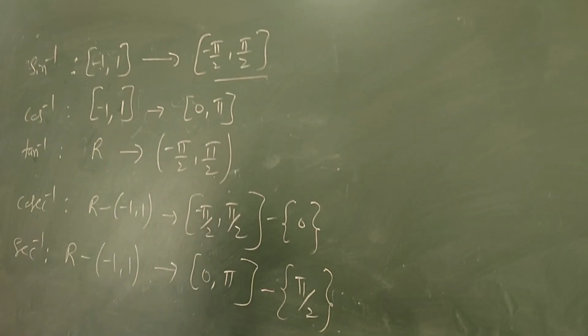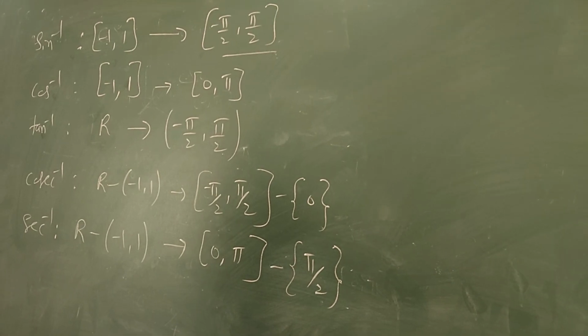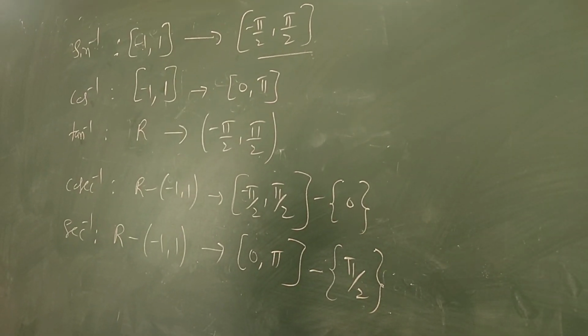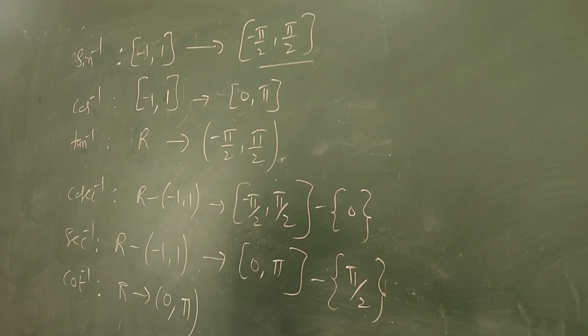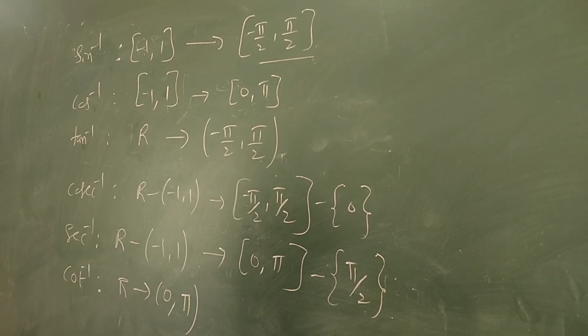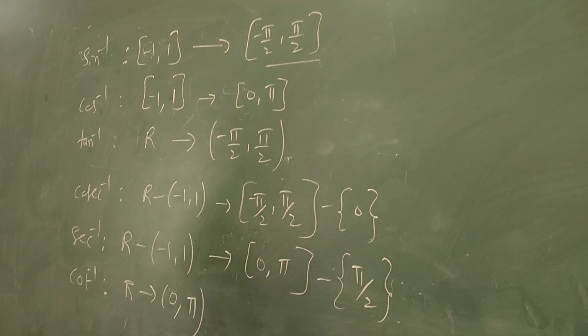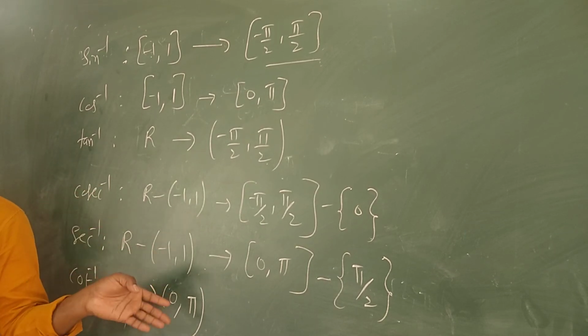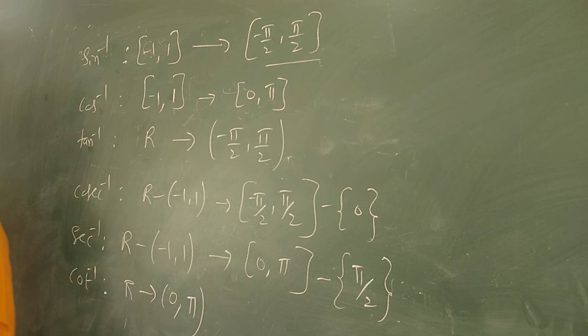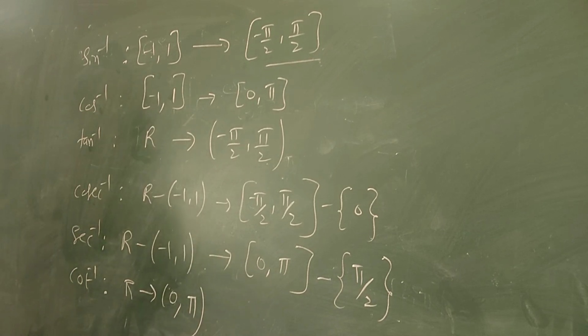Then after I will tell you what properties you need to remember. Then we will solve problems based on this. Cot inverse is this: 0 comma pi is the range, and the domain is the real numbers R. I explained this concept in IIT also last year. Remember this.